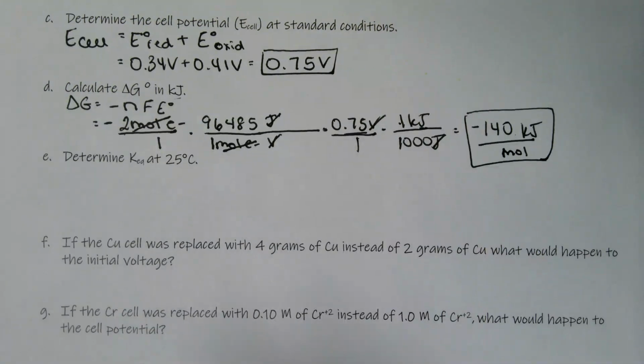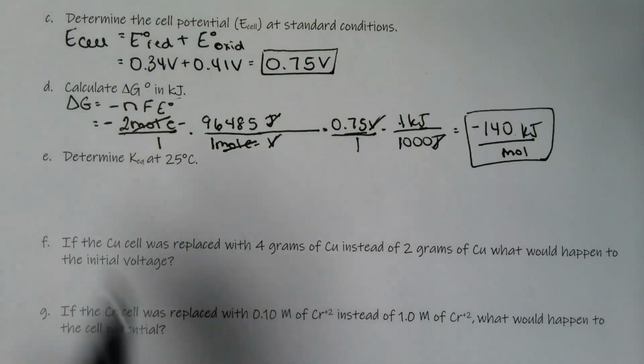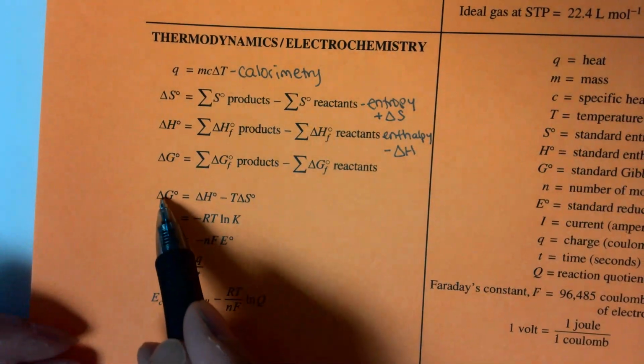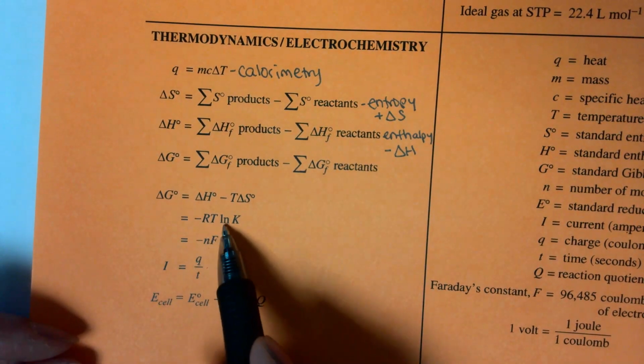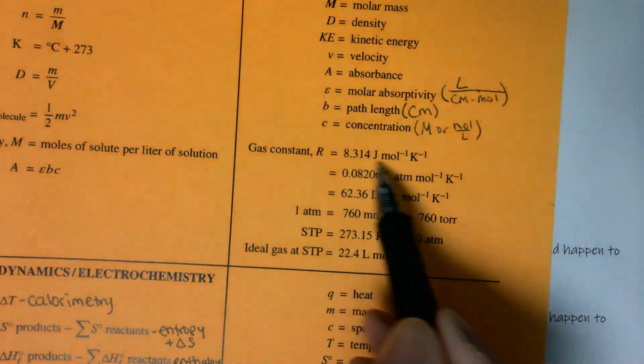Cool. And then for E, I want to determine the K eq at 25 degrees Celsius. So from a previous topic, I remember that delta G is equal to -RT ln K. That R is this constant right here.